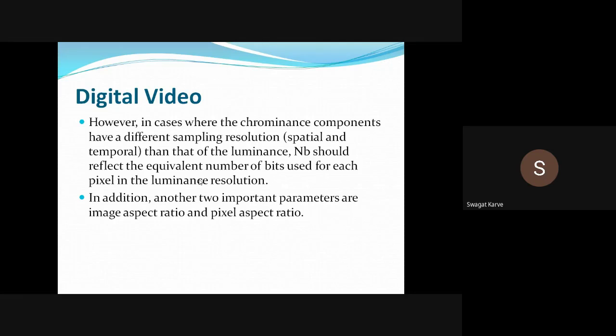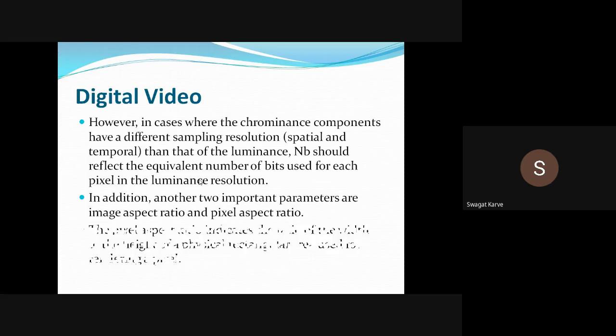These two parameters are also important when considering digital video. The pixel aspect ratio indicates the ratio of width to height of the physical rectangular area used for rendering a pixel.